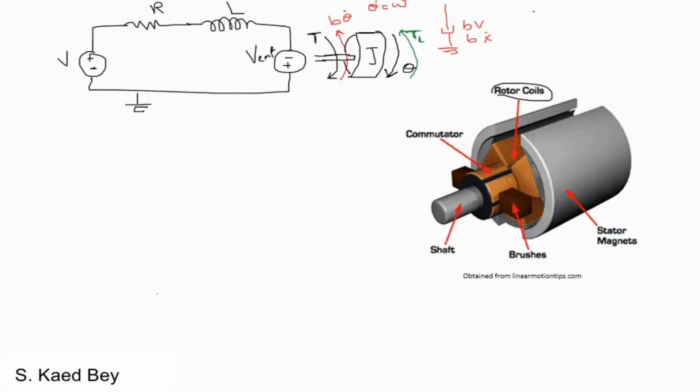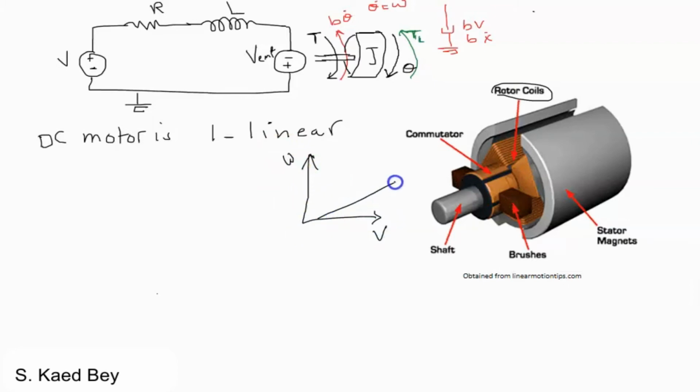Before applying the laws of physics to find the relation between the input, which is the voltage, and the output, which is theta, it's important to go over some of the assumptions. We are assuming that the DC motor is, one, linear. Even though we discussed before that the angular velocity is a linear relation with the input voltage, this is not true over some voltage ranges.